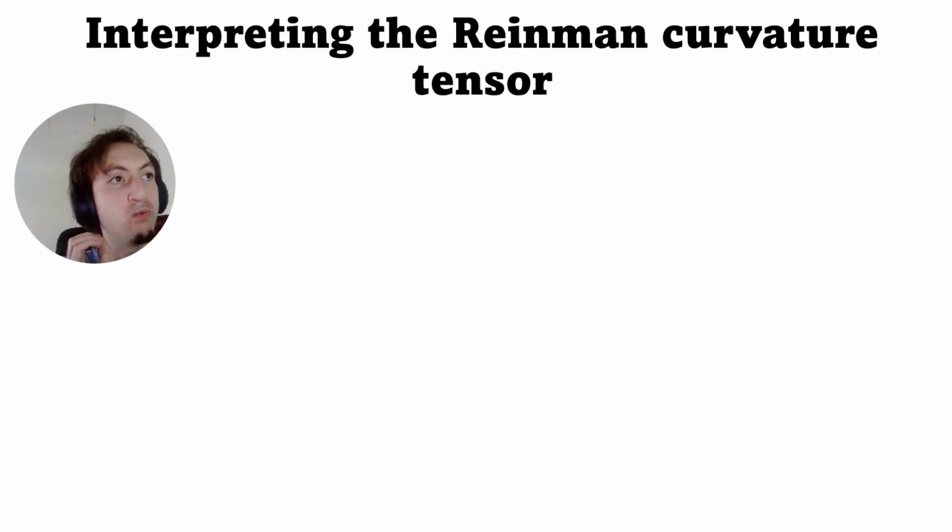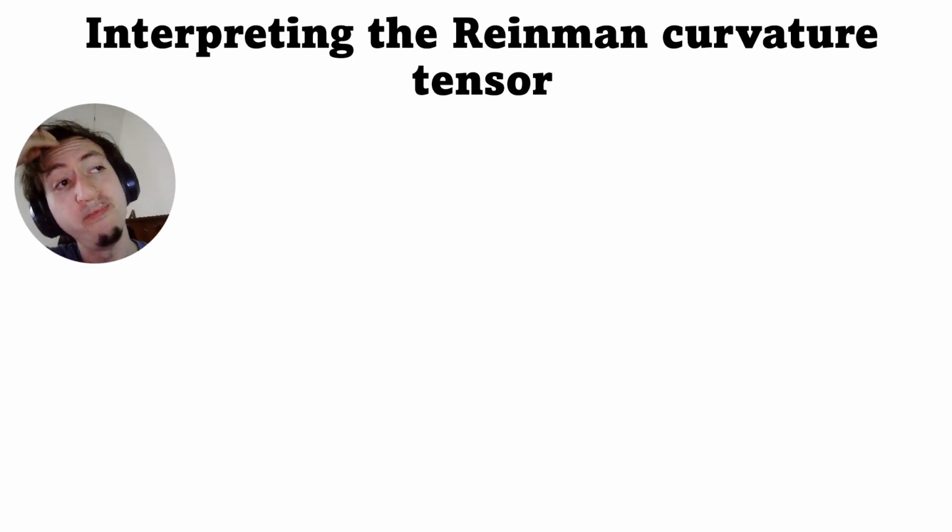Now it's worth saying, when interpreting the Riemann curvature tensor from a purely mathematical perspective, beyond what we have already mentioned, there is a way to do it which is fairly intuitive, which partly explains why the Riemann curvature tensor is a rank 4 tensor, despite the manifold being described by a rank 2 metric.